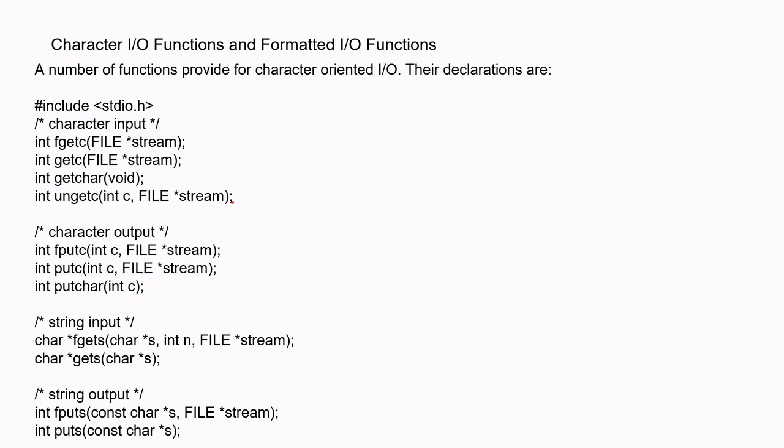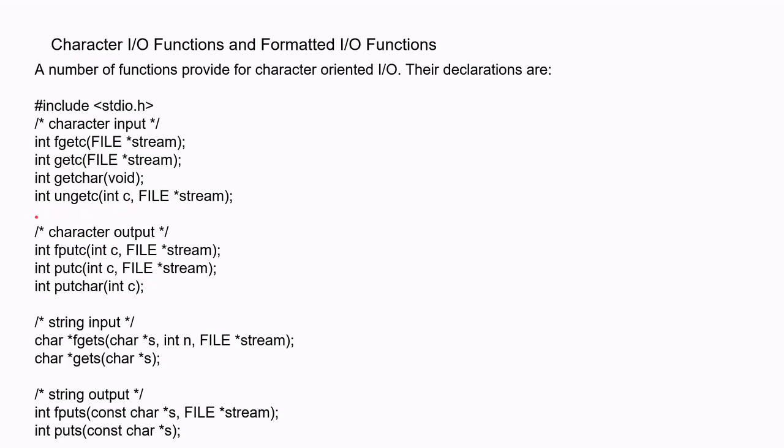Basically, it takes the character you give it and pushes it onto the front of the file stream. It's kind of a way to put a character back where it came from when you're reading from a stream. It's very weird and very, very situational.